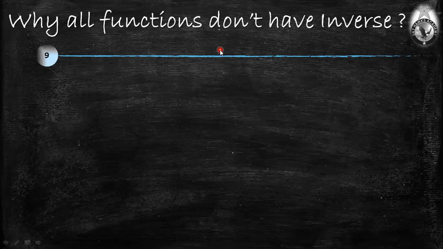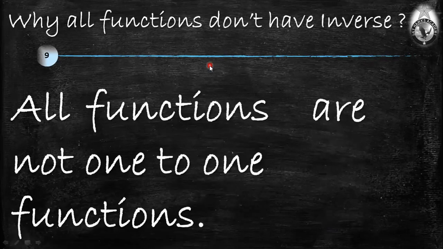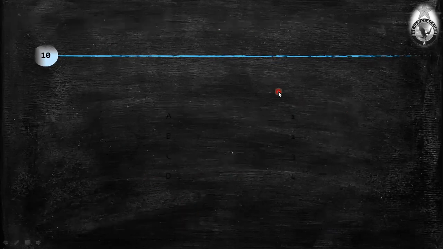That's why this question is very necessary to ask. All functions are not one-to-one. That is the only reason. If they are not one-to-one, there is no question of the existence of inverses.